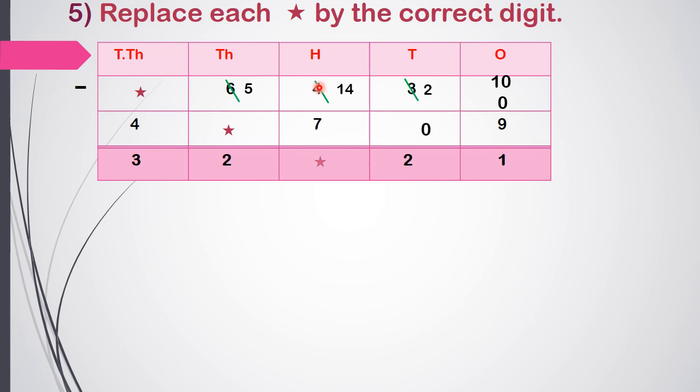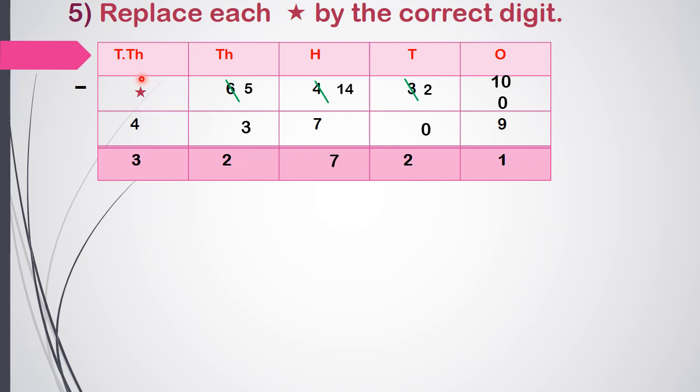Yes, 14 minus 7 is 7. Now 5 minus star, we get 2. Already I told you, when we subtract the answer from the largest number, we get the smaller number. So 5 minus 2, what is 5 minus 2? It is 3. So 5 minus 3 we get 2.